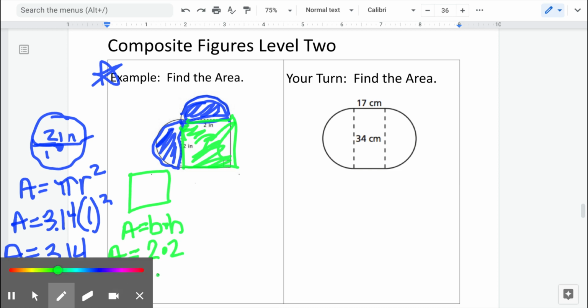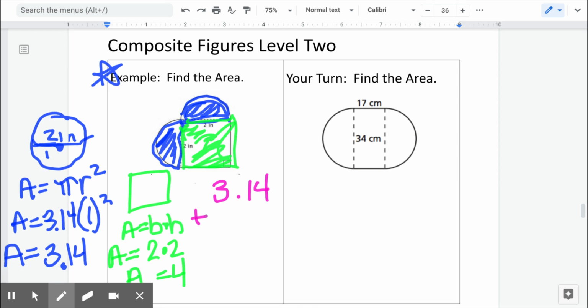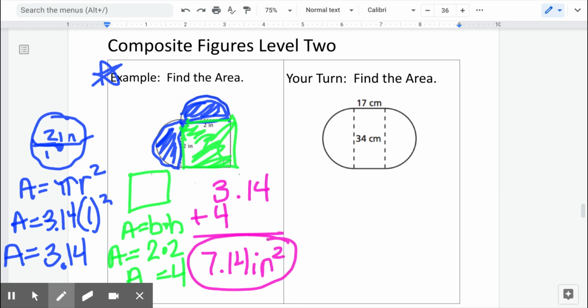So the area of this square is 4. Just like I did before, I'm going to take my 2 areas and add them together. So the area of my circle plus the area of my square gives me an answer of 7.14 inches squared.